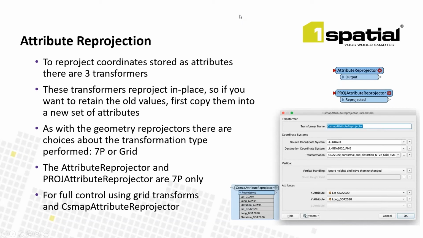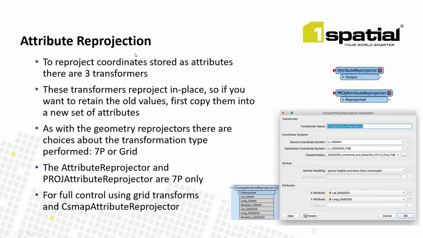The other thing to talk about is our attribute reprojection. So yes, we've reprojected our geometry, but many data sets will also store an X and Y coordinate in the attribute table, and we can reproject those as well without having to convert them to geometry and then back to attribute values.